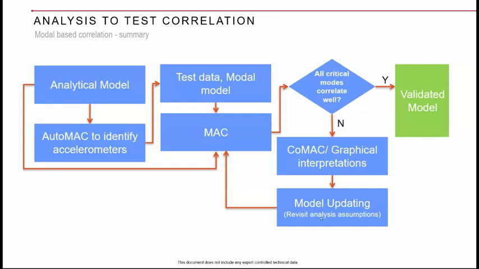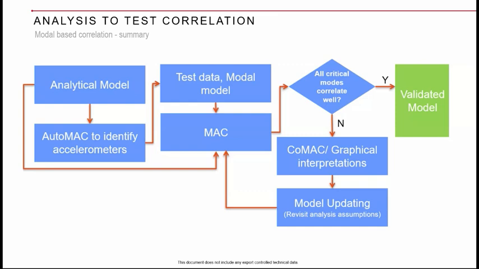And model updating again is all about revisiting analysis assumptions. You may have a frequency difference greater than 10% here. Then whether you have modeled something wrongly, over-stiffening is happening in your system, or stiffness is not adequately captured. There may be several questions that can be answered when you revisit your assumptions based on the test data.